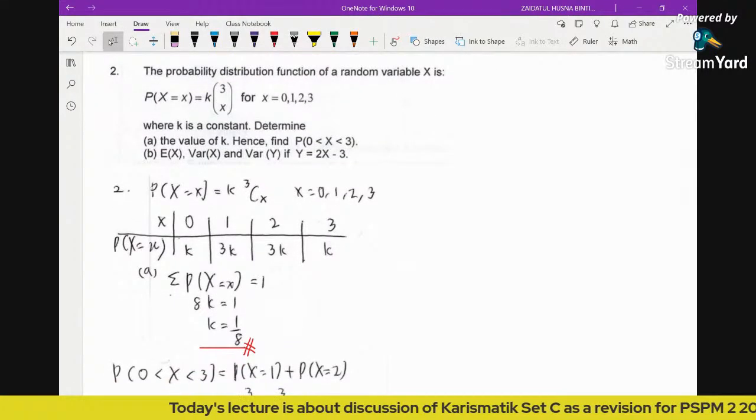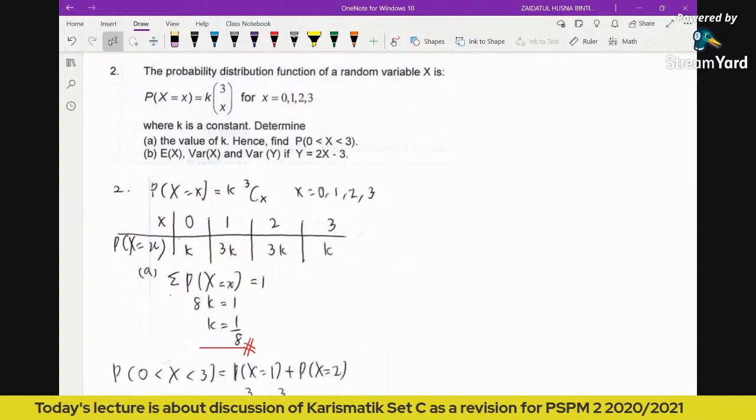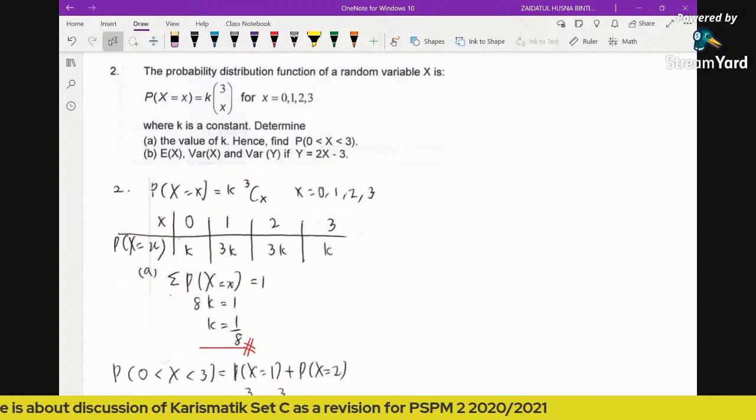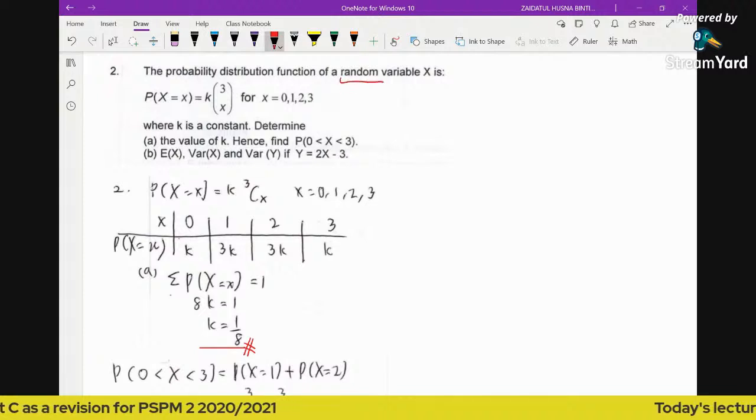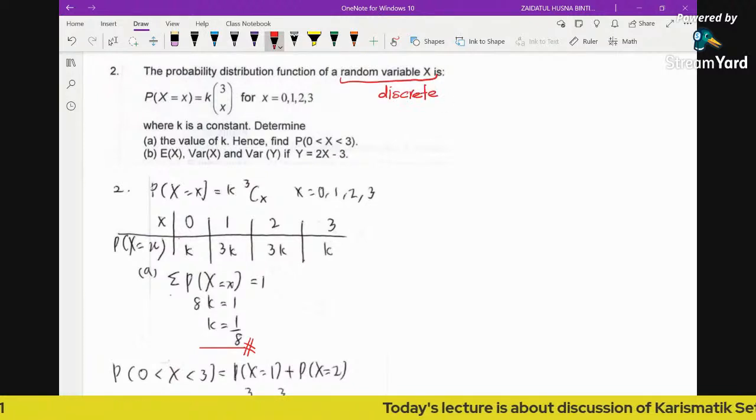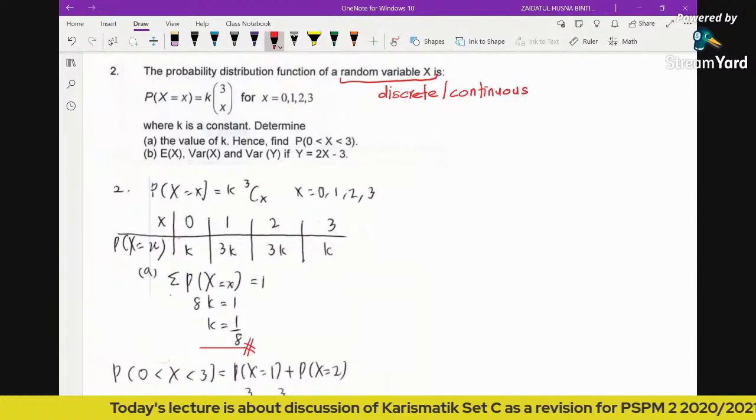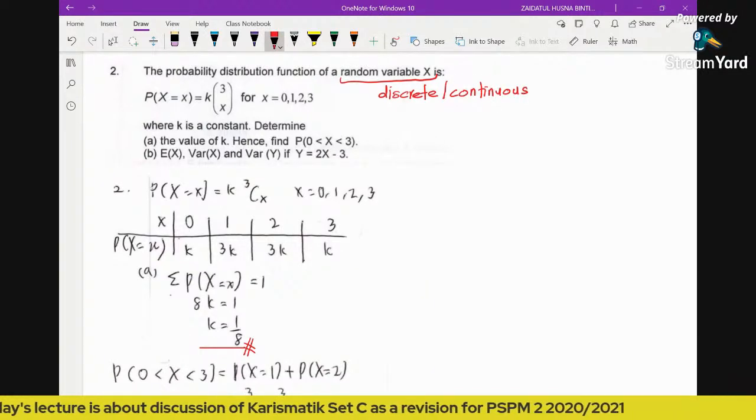Question number 2. The probability distribution function of a random variable X is given, but it is not stated whether the random variable is discrete or continuous. Whenever you come across this kind of question in the exam, don't panic.